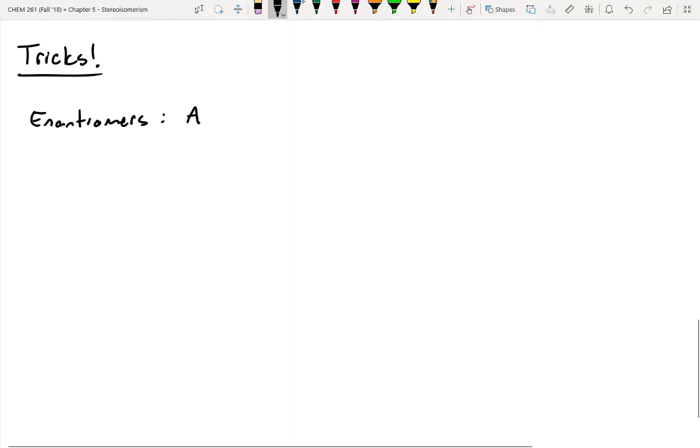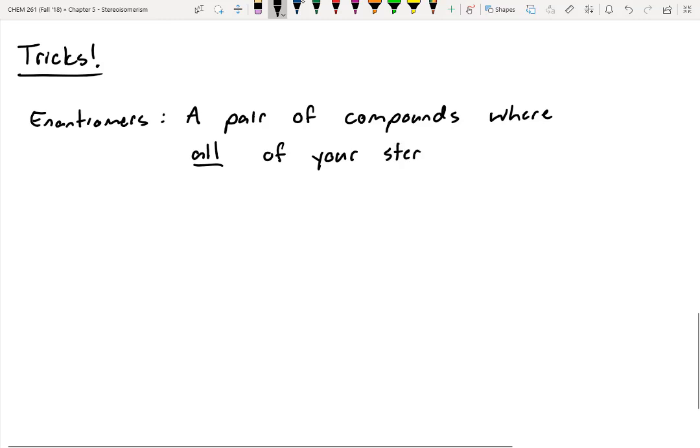Enantiomers are a pair of compounds where all of your stereocenters are flipped, but your connectivity is the same.